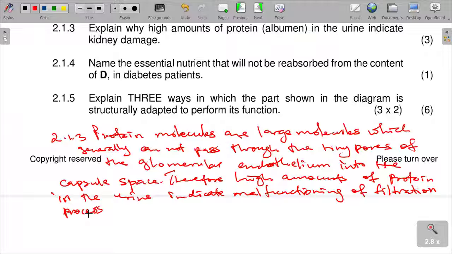As well, we can also talk about tubular reabsorption.